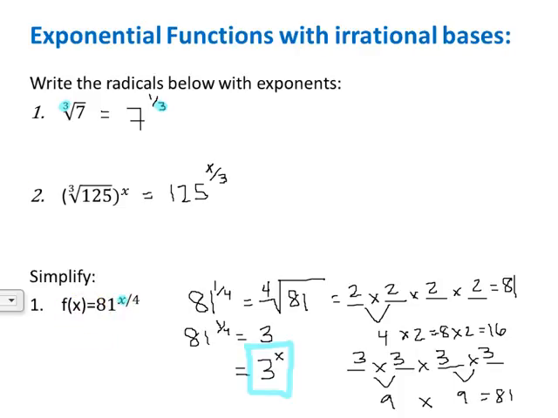To summarize what we did here, the first thing we did was evaluate 81 to the 1/4. We held on to this x, put it aside for now. We knew that 81 to the 1/4 is the same thing as taking the 4th root of 81, which we found was 3, and then we brought that x back into our equation, 3 to the x.